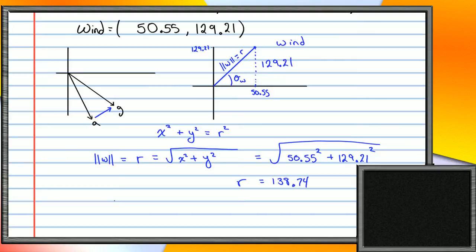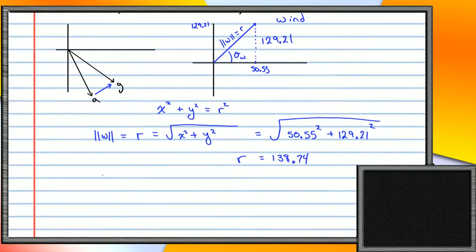It doesn't seem too far out of the park. And direction. So tan of theta W is opposite over adjacent, so 129.21 over 50.55, which implies that theta W is equal to tan inverse of 129.21 over 50.55.